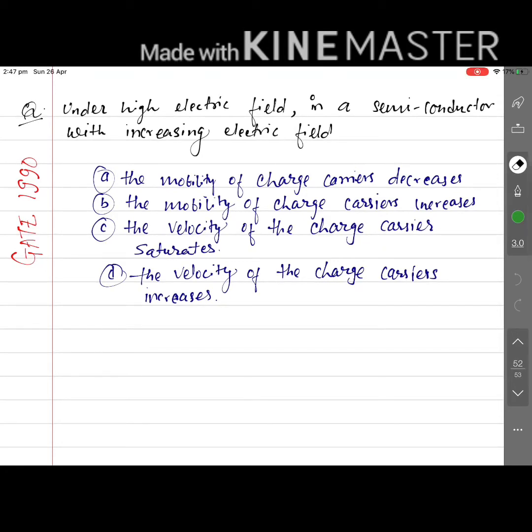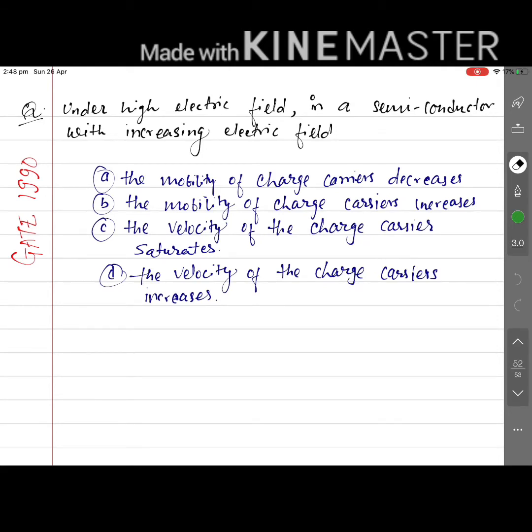Hello friends, so today in this video we will go through a question which was asked in GATE 1990. So this question is based on electric field and the effect of this electric field to mobility and the drift velocity.